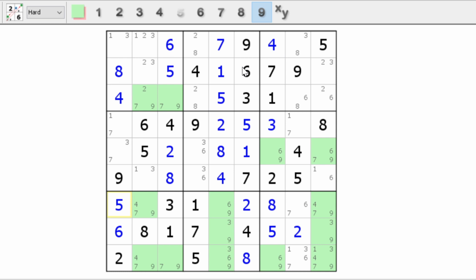So I think we're pretty much at that point where it now makes sense to look for the W-wing. Okay, here we go. I'm going to start with the bi-value cells. First condition, like I said, you're looking now for matching pair bi-value cells. I'm going to tell you this 1, 3, 1, 3 is not going to work. We don't need to worry about it.